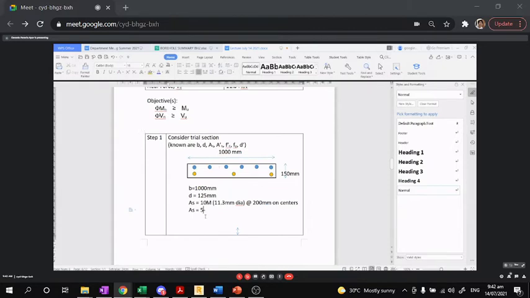So, this is 5 times 11.3 mm squared times pi divided by 4, that is equal to, this is squared. Okay, this 11.3 squared times pi divided by 4 is the area of 1 bar. There are 5 pieces, no?